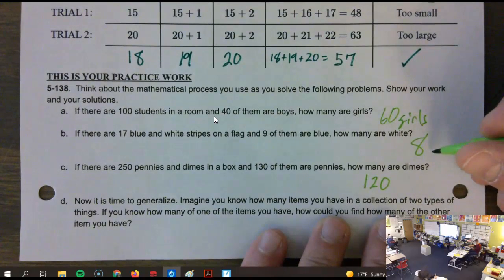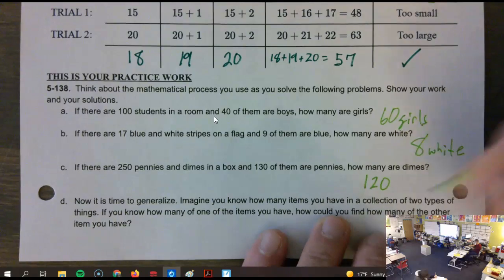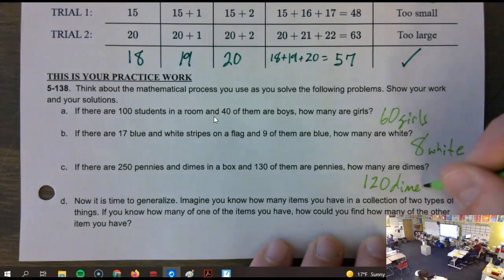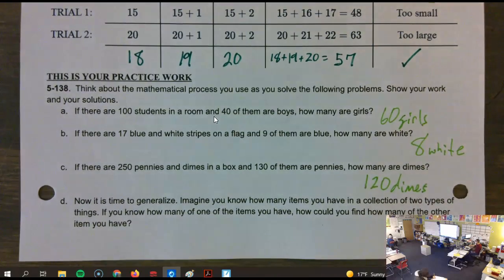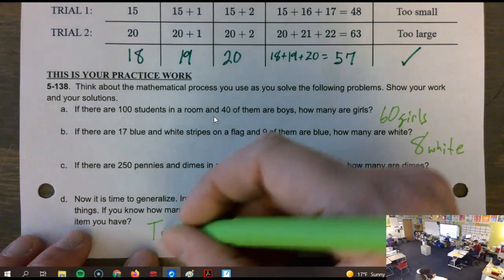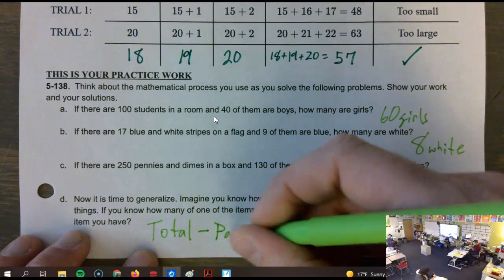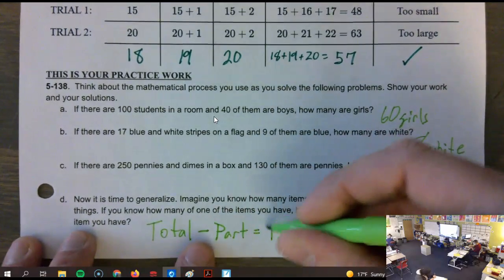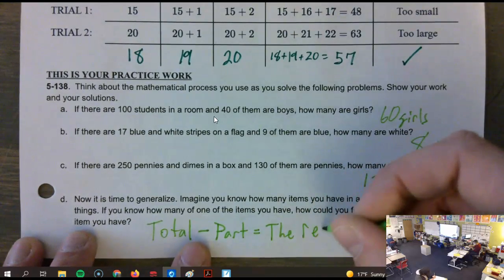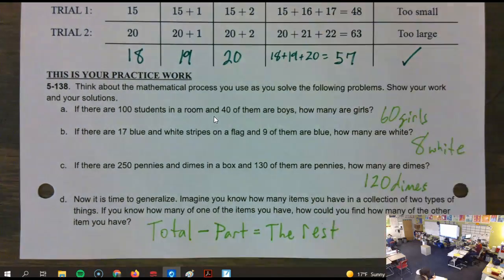Girls, white, and dimes. So then Layla, we'll pop over to you for D. We've been using subtraction. So if you want to write it out, your total minus your part equals the rest. Or really, you could call it the complement.